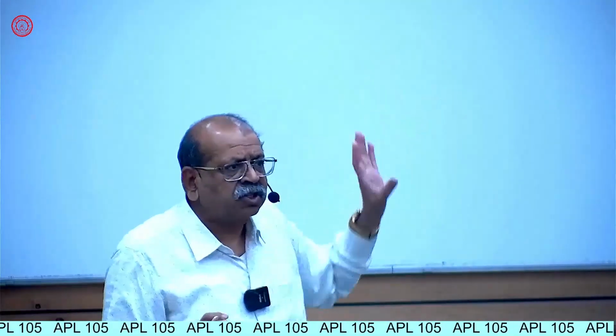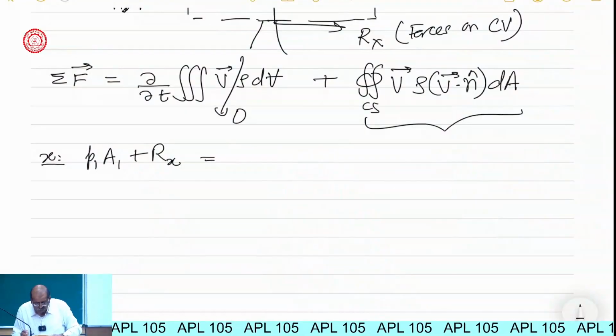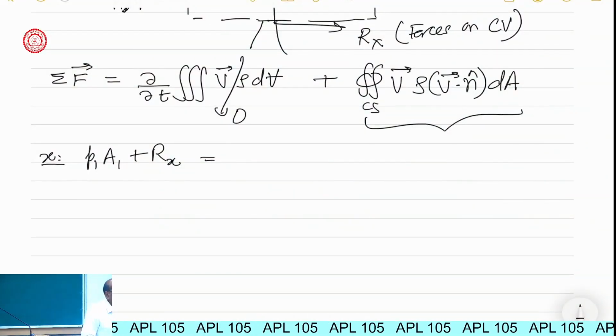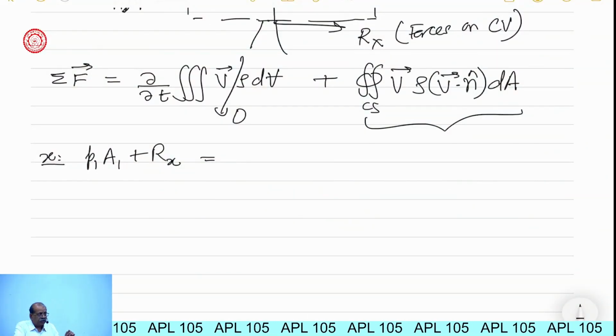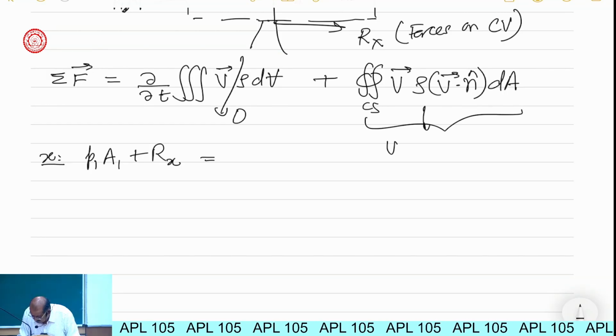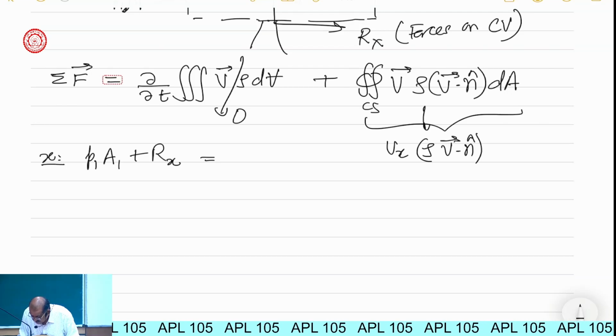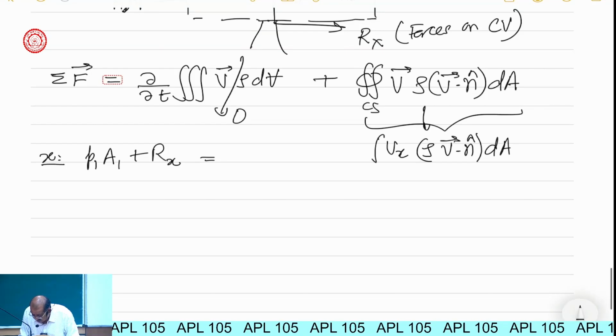And it is a fixed control volume. So this term becomes 0. Now this term has to be calculated only on the surfaces. So now in the x equation, this will become Vx rho V dot n dA.